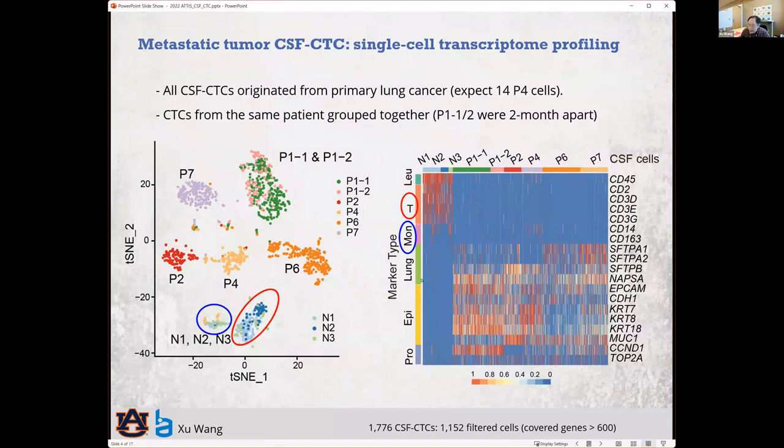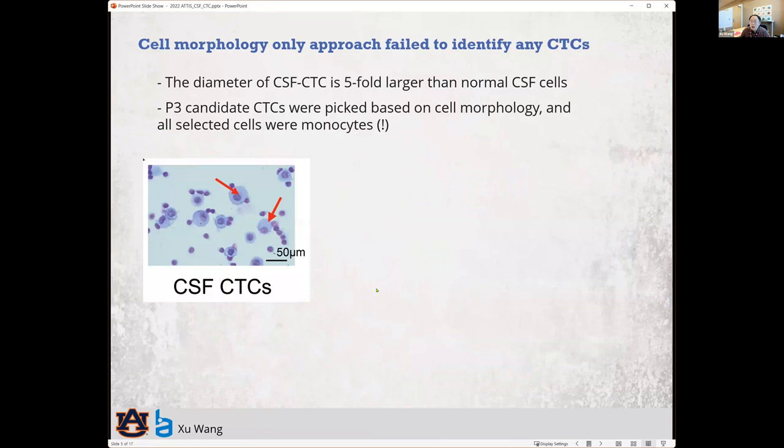The patient CTCs are positive for lung markers, epithelial markers, and proliferation markers, which are signatures of tumor CTCs of epithelial origin. You can see from this image that the CSF CTCs have a much larger diameter than the normal CSF cells.